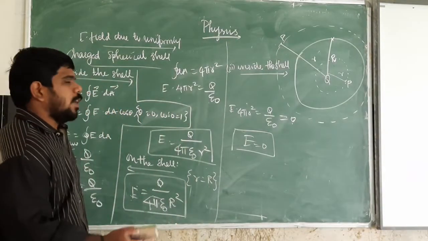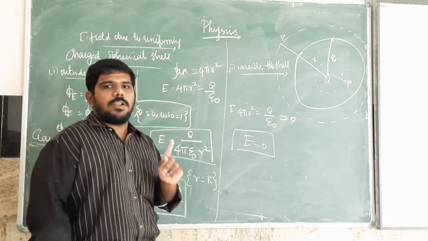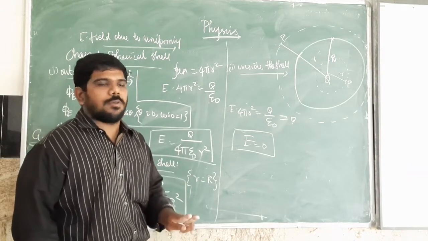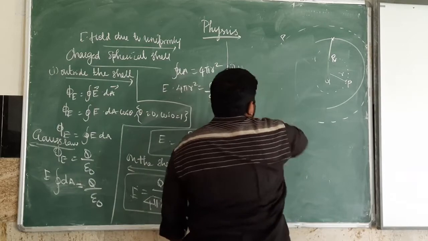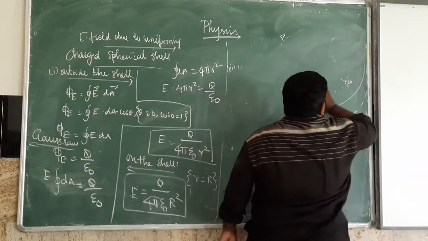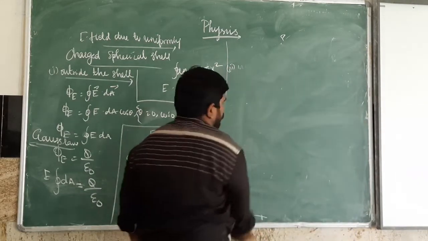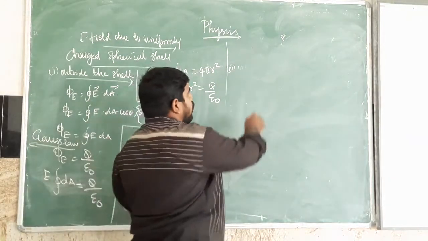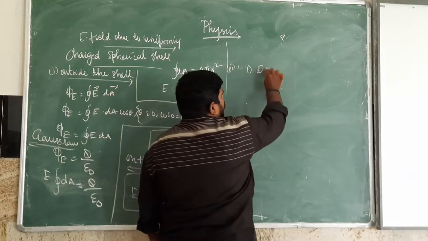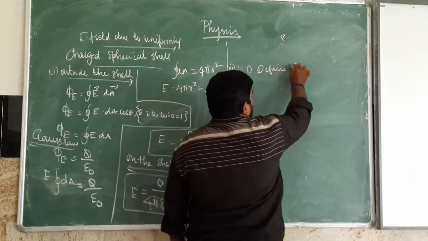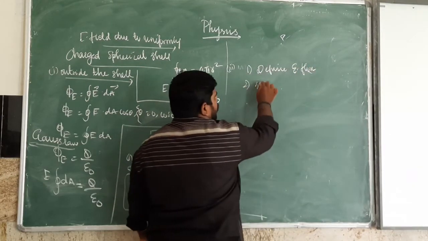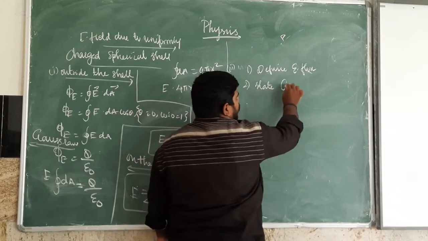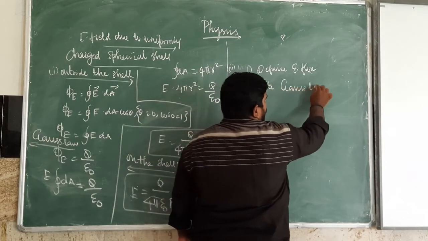So guys, today we have learned two 5-mark questions, one 3-mark question and two 2-mark questions. What are the questions we learned? Define electric flux. State Gauss law.